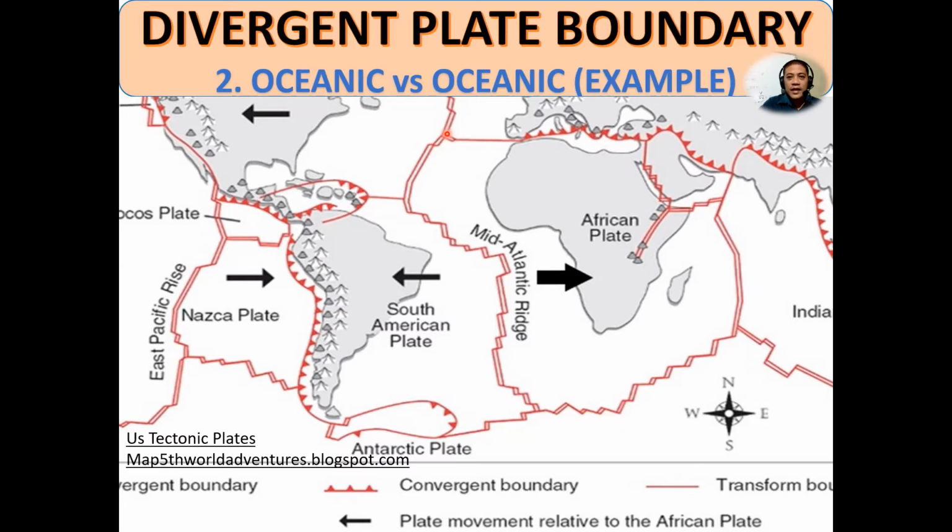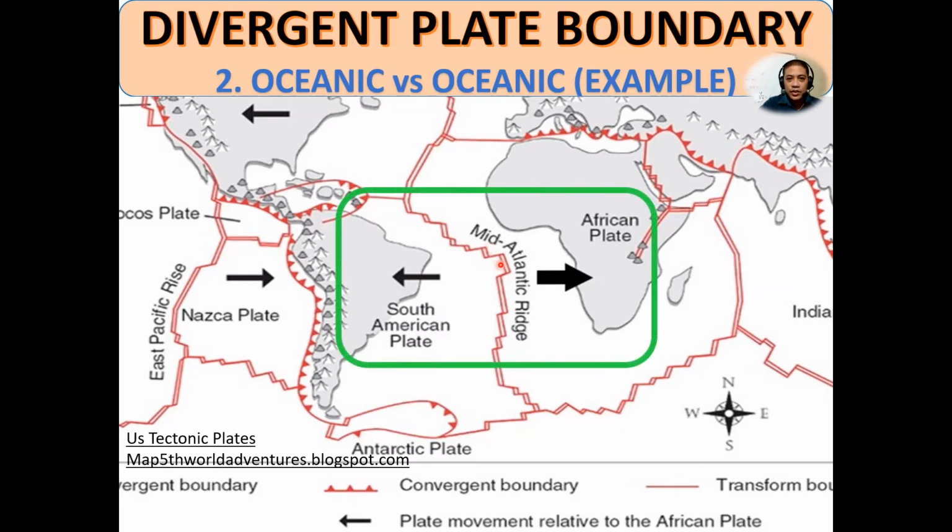This ridge has the longest mountain range in the world, and it is produced by the divergence of the oceanic plates, the Eurasian and North American plates, and also below the equator, the divergence between South American plate and African plate.